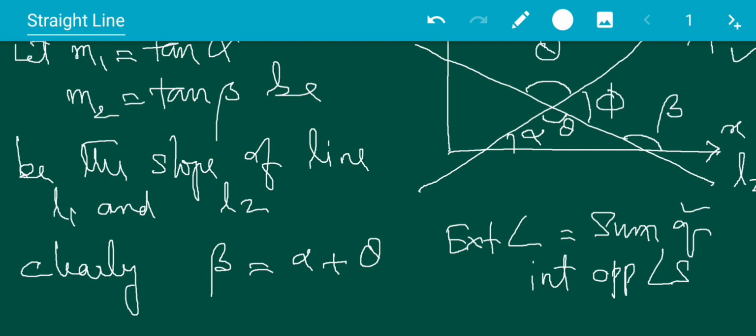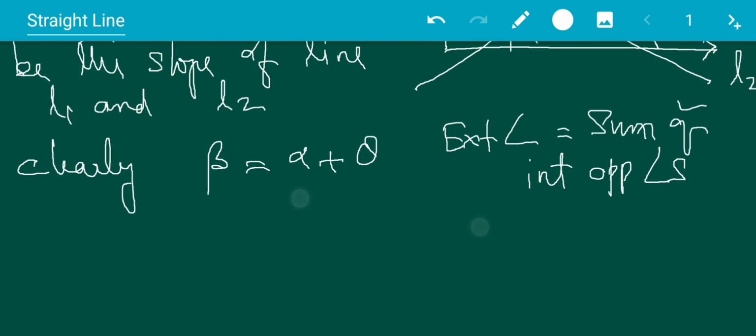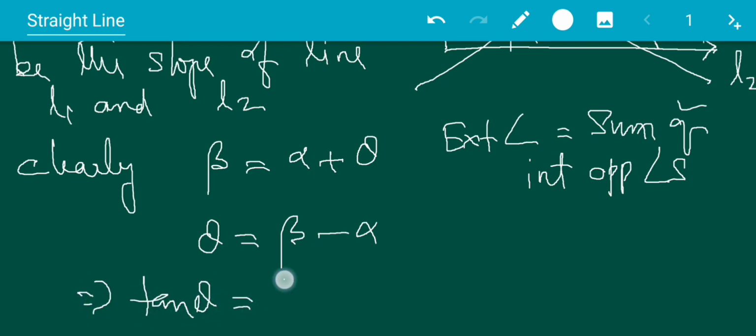This is a standard result from class 10 geometry. So beta is equal to alpha plus theta. From this I can write theta is equal to beta minus alpha. This implies tan theta is equal to tan of beta minus alpha.